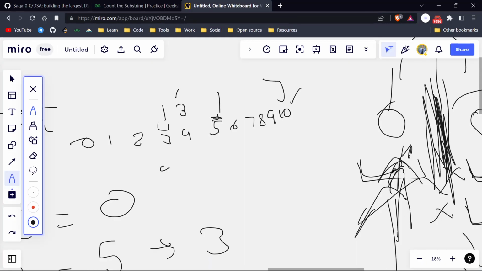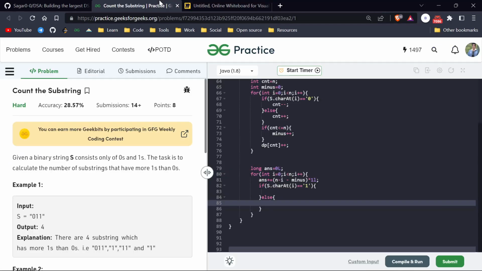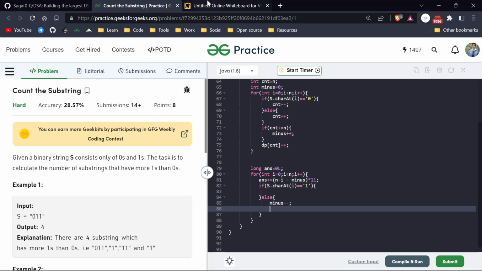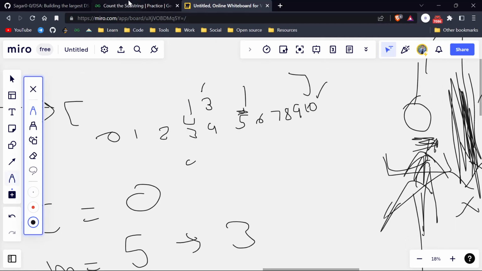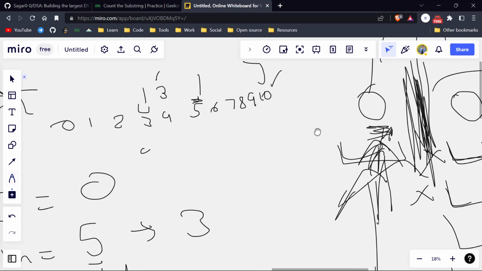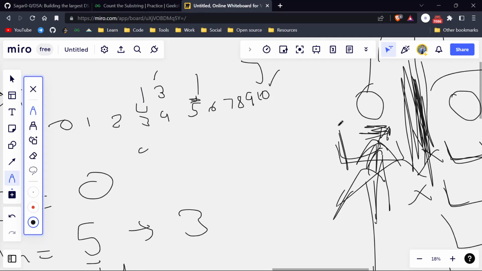So how can we make the changes in here? First of all, we know that we just removed this 0, so initially we have to reduce the minus value by 1, so from 5 it will be 4, right? And after that, what we have to remove, so we just removed this value. It was starting from this point and ending here, so we just removed one value because we are at 0.